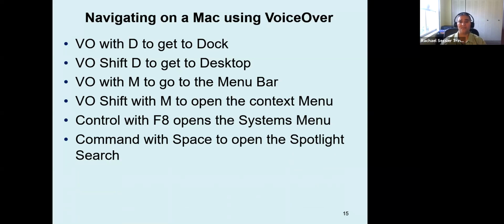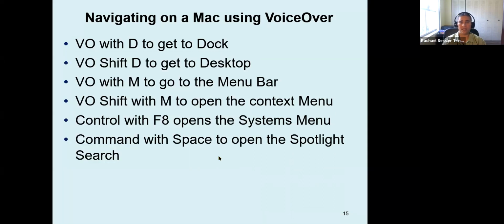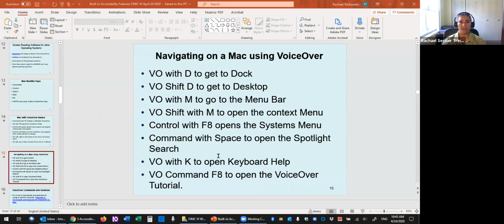Command with space, this is one of my favorite commands. That will get to the Spotlight search, and from there you could type in, like when we go to Windows, if I hit the Windows key and start typing, I could search.